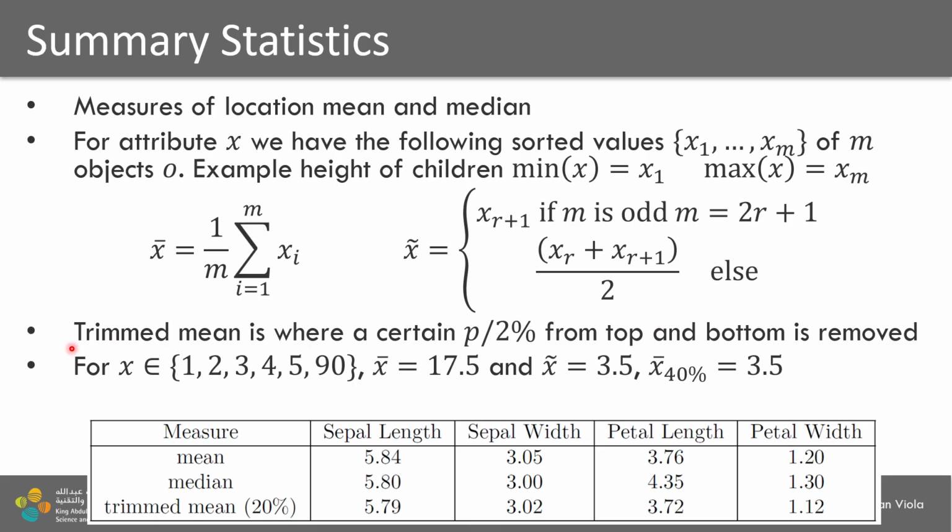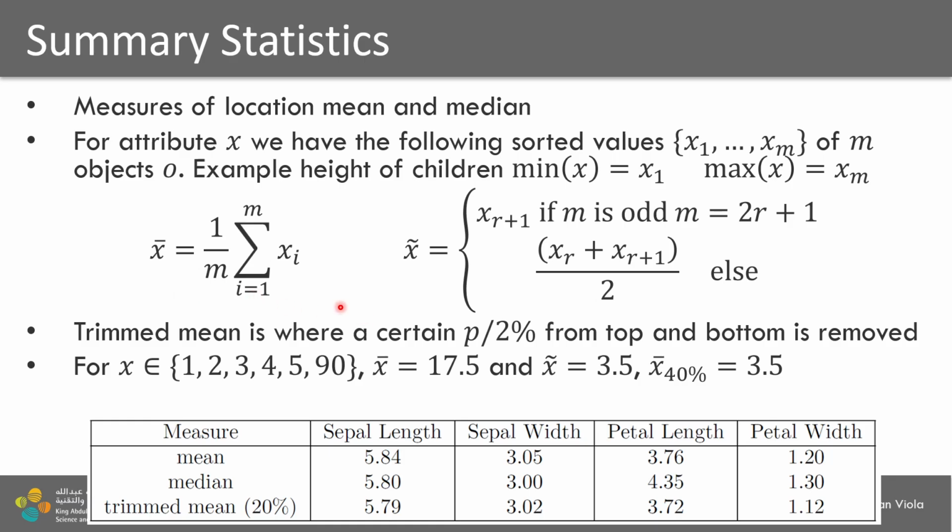Then, besides the mean, we also have something called the trimmed mean. This trimmed mean forms a kind of continuous bridge between the mean and the median, because the mean itself is a summary statistic which is sensitive to outliers. Imagine that we have the numbers 1, 2, 3, 90.